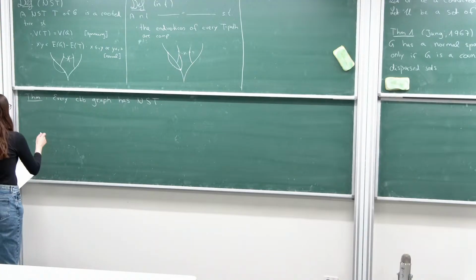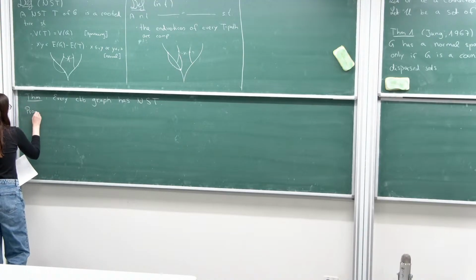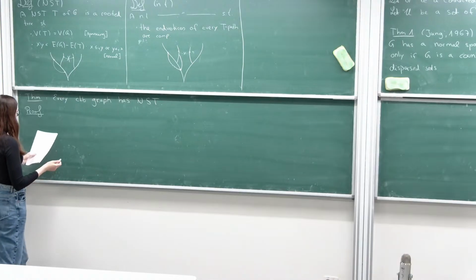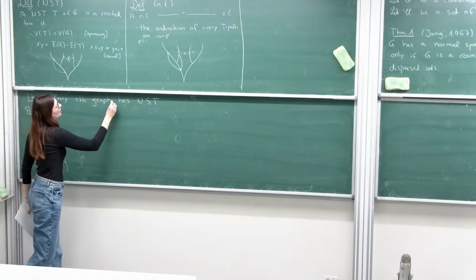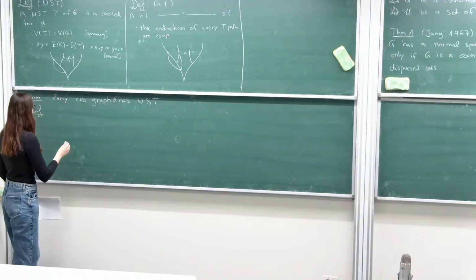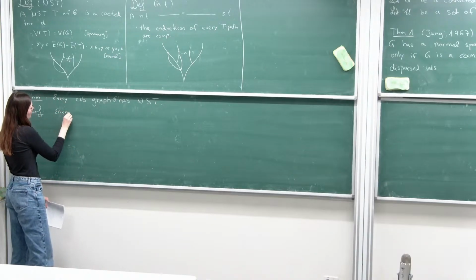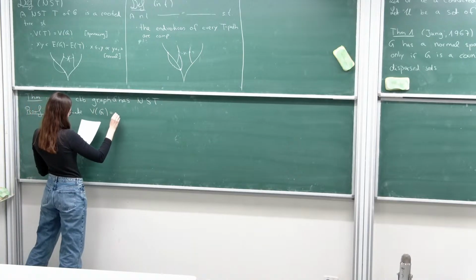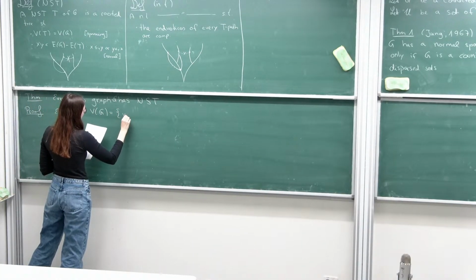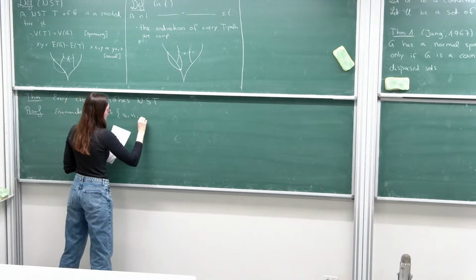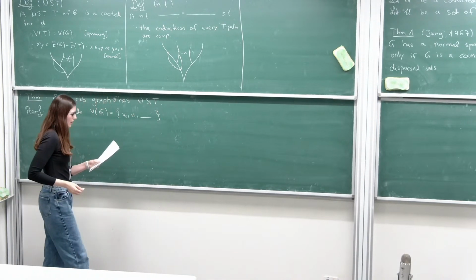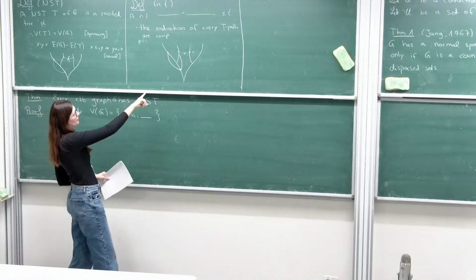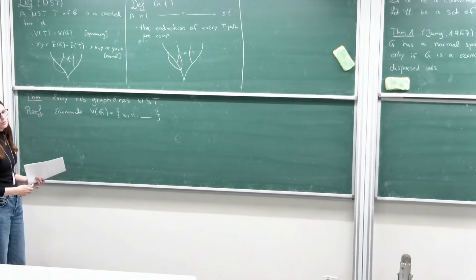And how do we prove this? Okay, so the first thing that we do is that we enumerate our vertices. And now my idea is to go step by step and construct normal trees such that in the end they will span the whole graph.